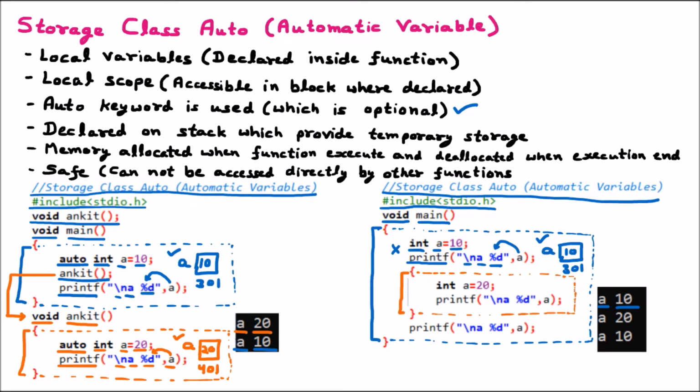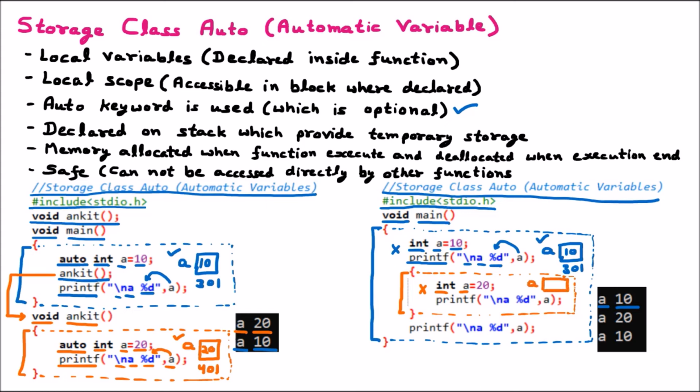Inside this block we are saying int a. Again we are not providing the auto keyword. Still it is the automatic or the local variable because it is the part of one block. So whenever we are declaring one variable inside the function or the block, that is the automatic variable or internal variable or the local variable. So here one variable is declared, that is with the name a.